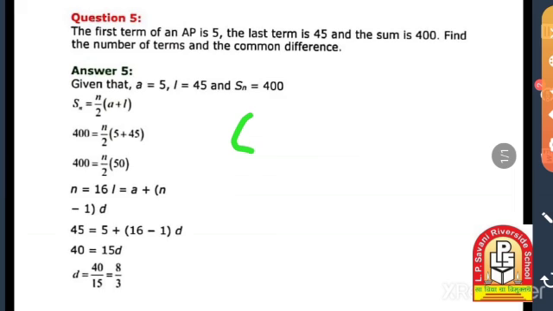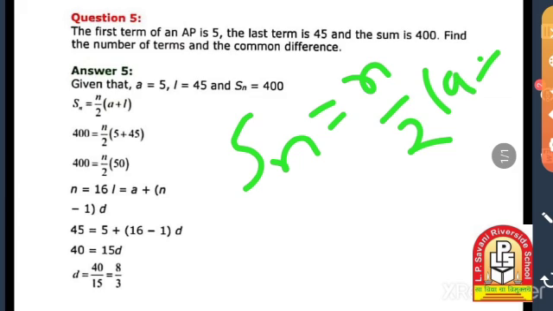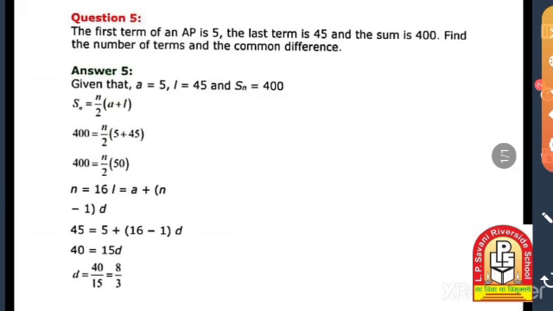So Sn is equal to n by 2 into the bracket a plus L. So a is equal to 5 and L is equal to 45. So a plus L, that is 5 plus 45, is equal to 50.